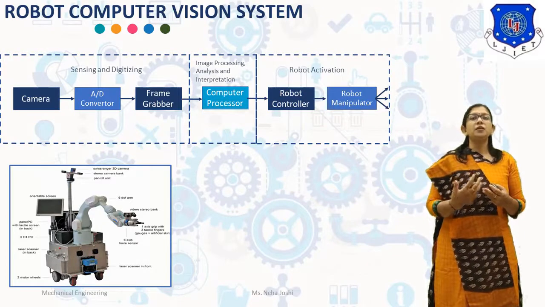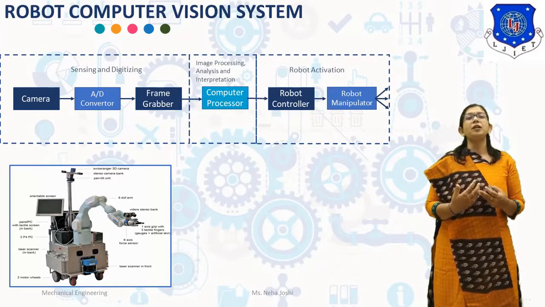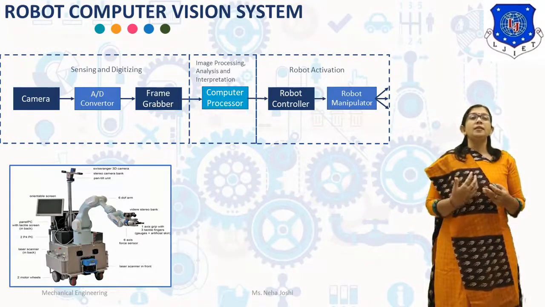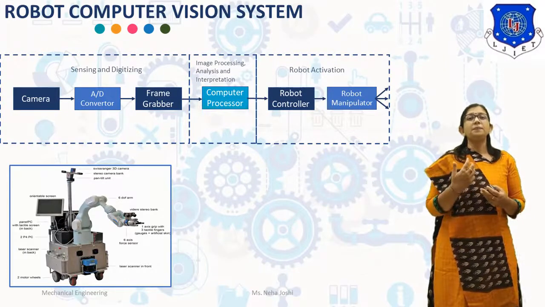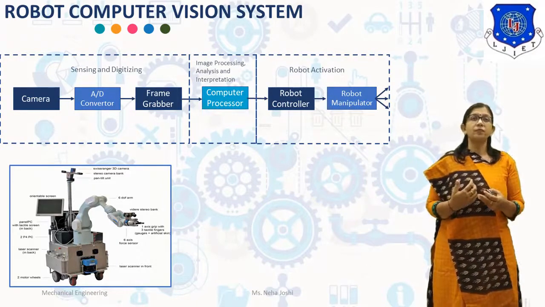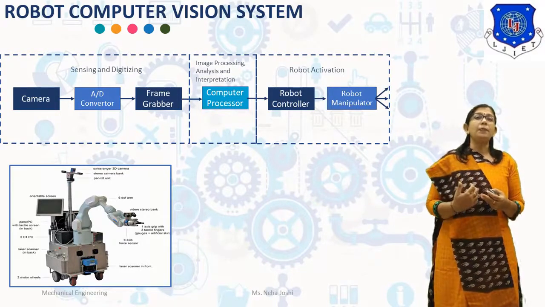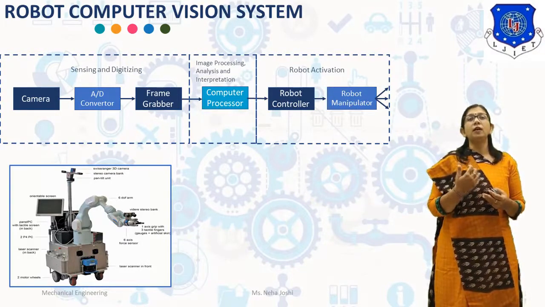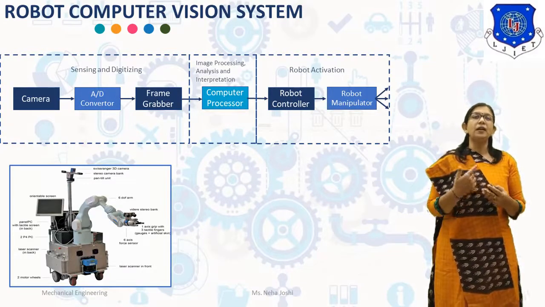The image interpretation needs inbuilt artificial intelligence. Next is robot activation. In this part, based on the image interpretation, the signal is sent to the robot controller which activates the robot.